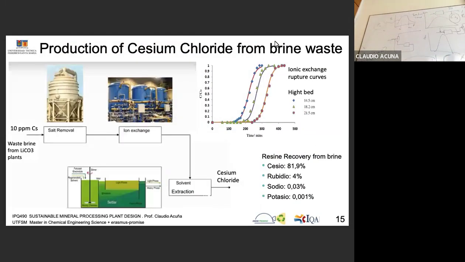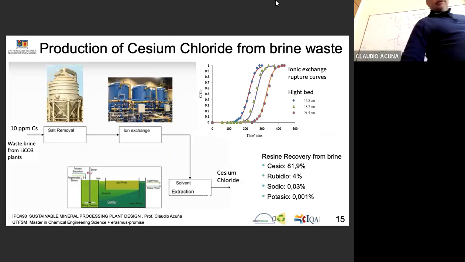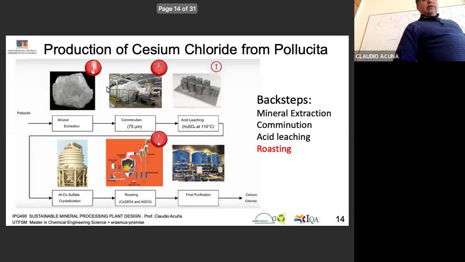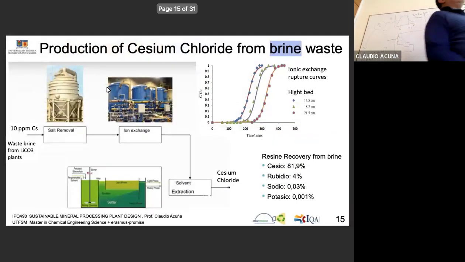Look, the way that we present it: this is the current process, and this is the one that we are proposing. Waste from a dry lithium carbonate plant is a waste, first thing. A waste where we need to pay to dispose and transport.